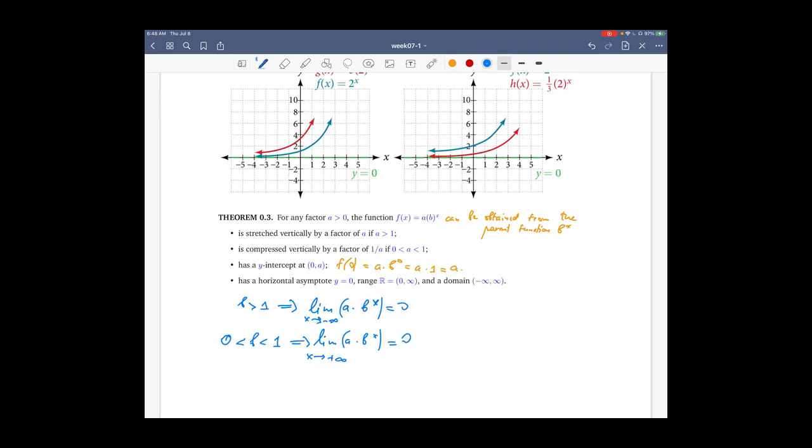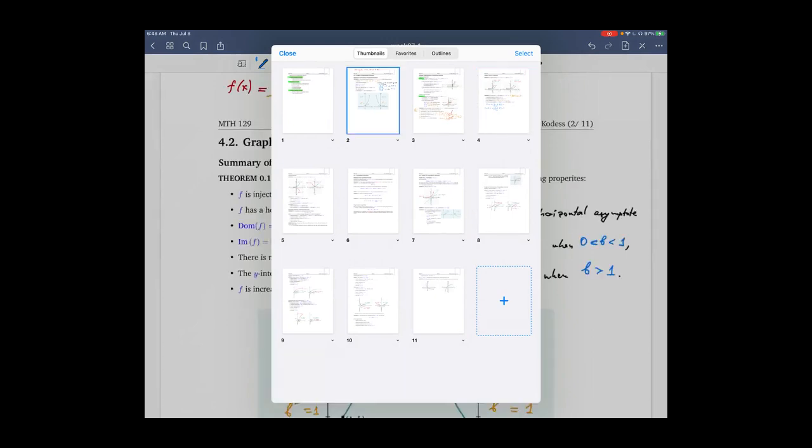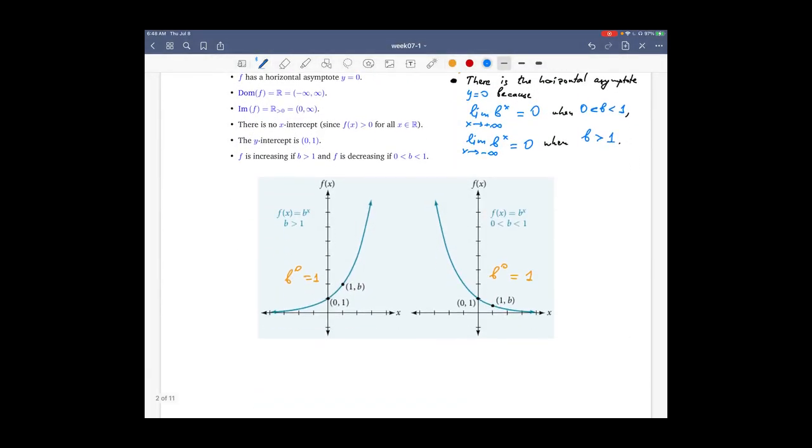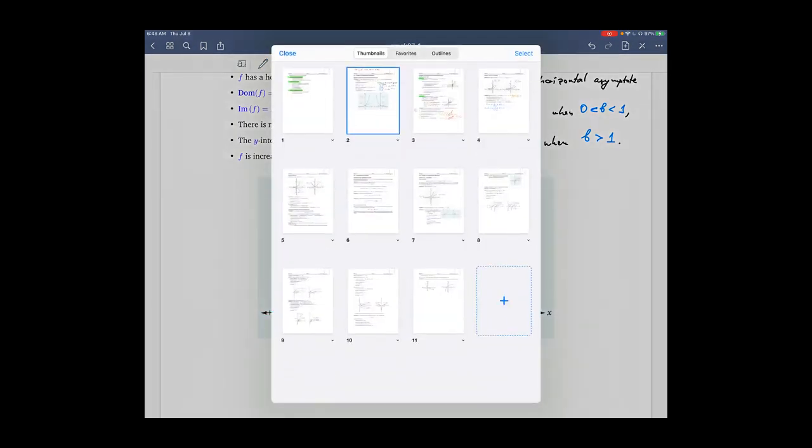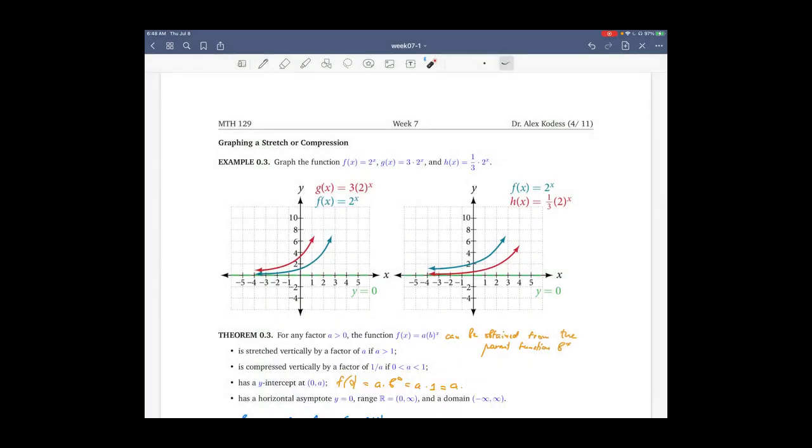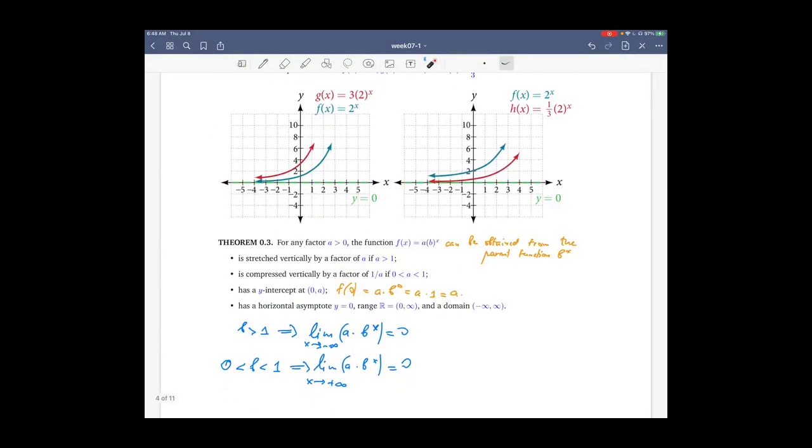That is immediately clear from the graphs. And remember that in this discussion, we agreed that a is positive.